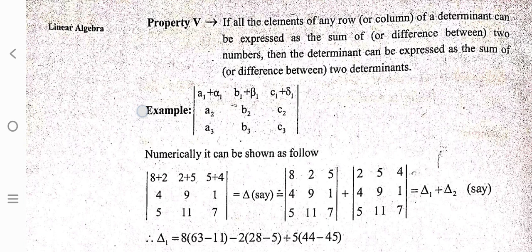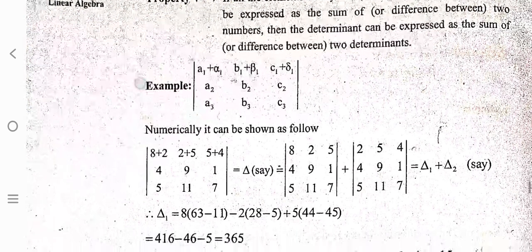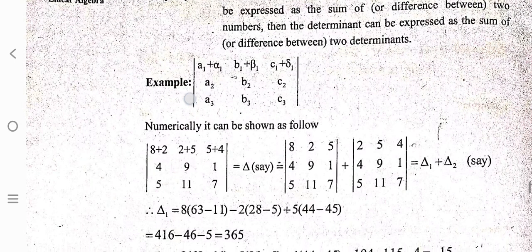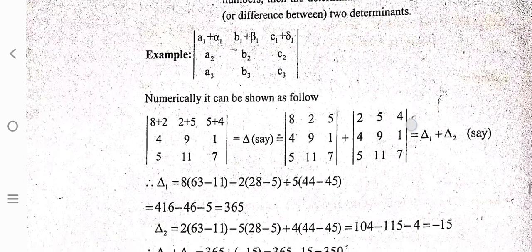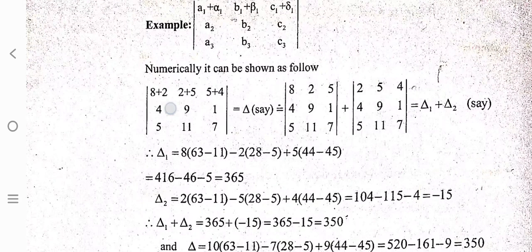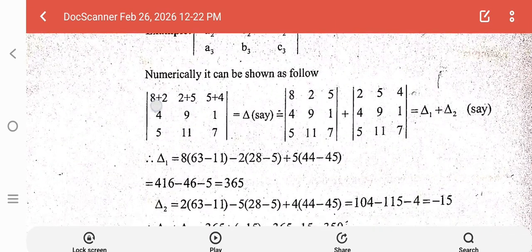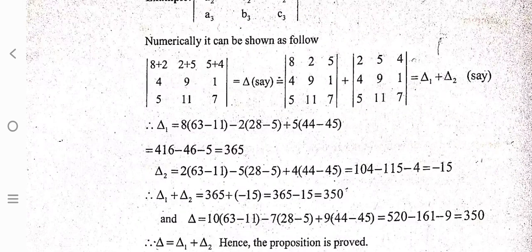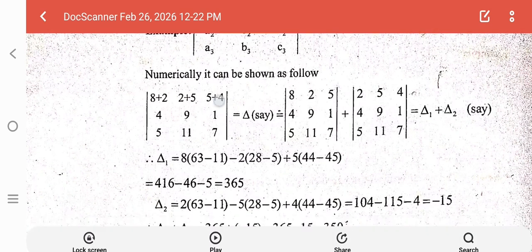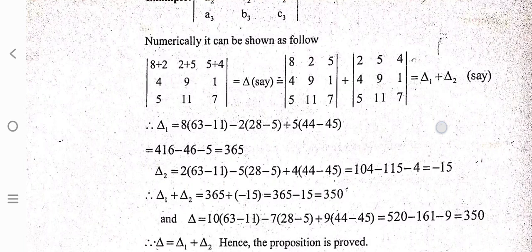Okay, and property 5: if all the elements of any row or any column of a determinant can be expressed as a sum of or difference between two numbers, then the determinant can also be expressed as a sum or difference between two determinants, right? So numerically we can see here: 2 is added to the first element of the first row, 5 is added to the second element of the first row, and 4 is added to the third element of the first row.